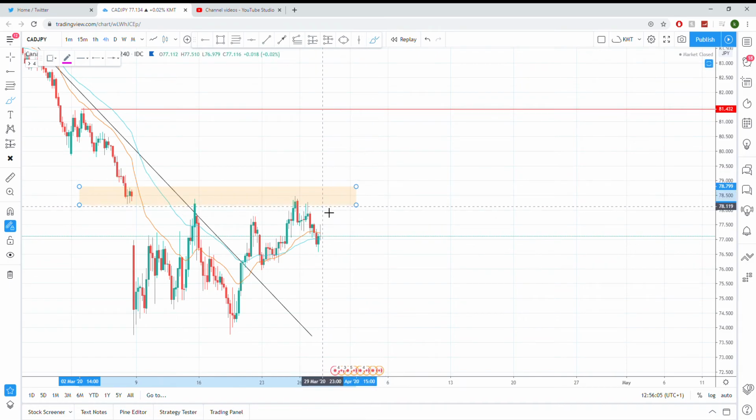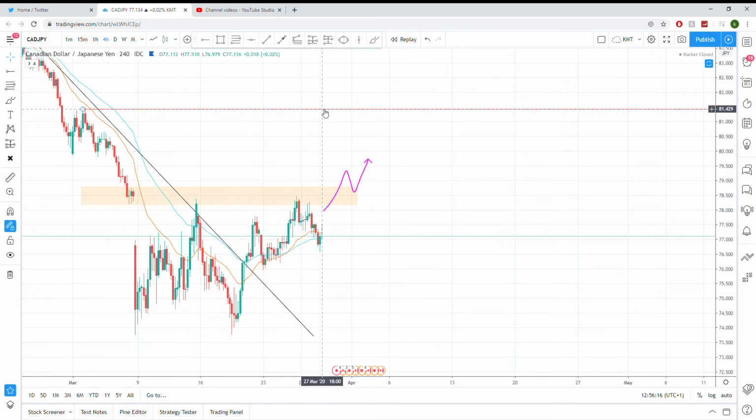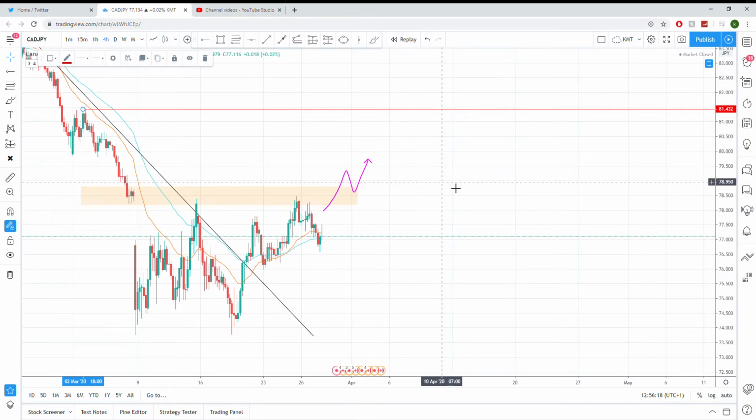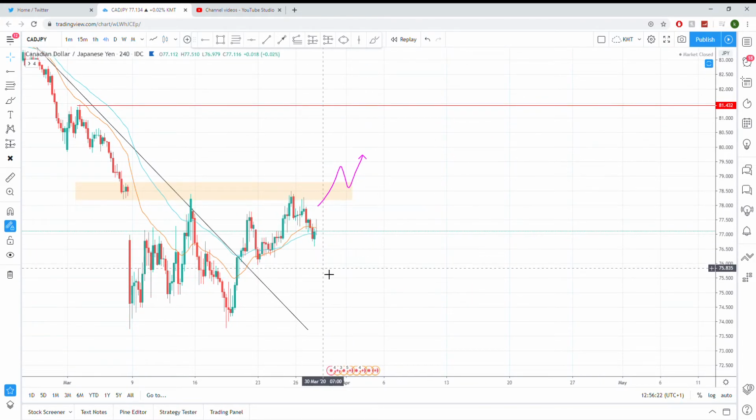So for me to take a bullish buy, I will be looking for something like this. So a push to the upside, closure within this range of this zone, and then we'll push further higher, and we'll be targeting again 81.432. So very long term in this one. I think we still need a bit more of momentum to the upside, but we'll see how Canadian dollar performs this week.